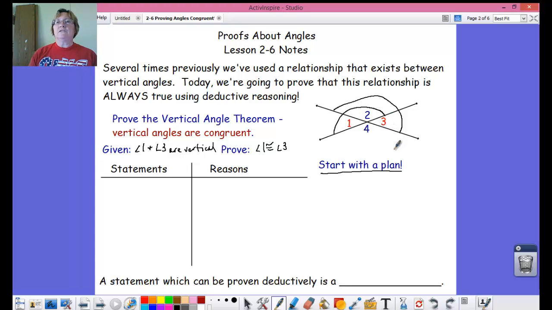Let's see if we can't flesh that out a little bit, and we'll start our proof writing the way that we almost always do. That is by listing the given information. Angles 1 and 3 are vertical.